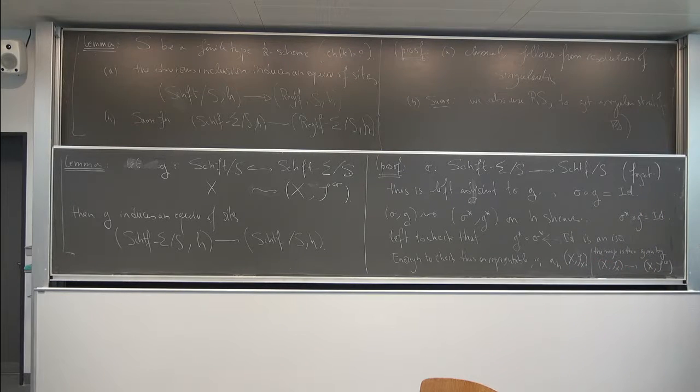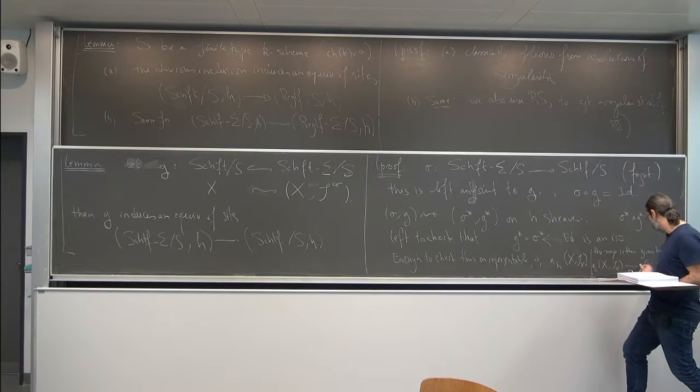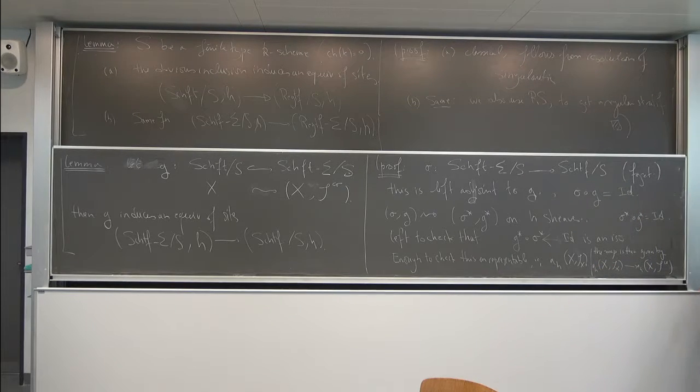The stratified scheme going to the coarse version. And of course, you have to put an H here. But then I have to check that this map is a bijection, or an isomorphism of sheaves. And this follows from the fact that it's clearly a monomorphism.